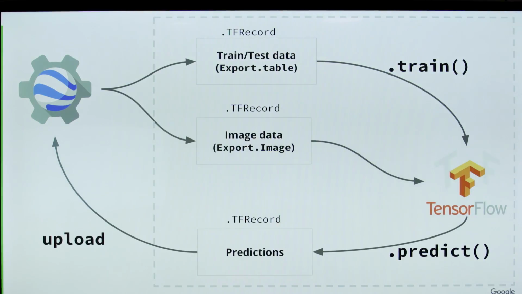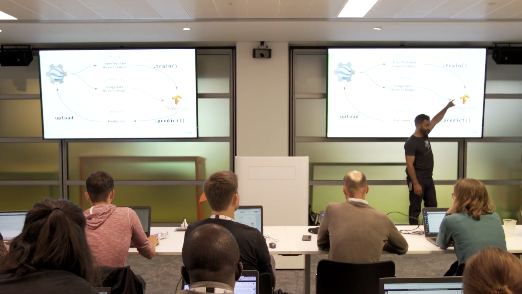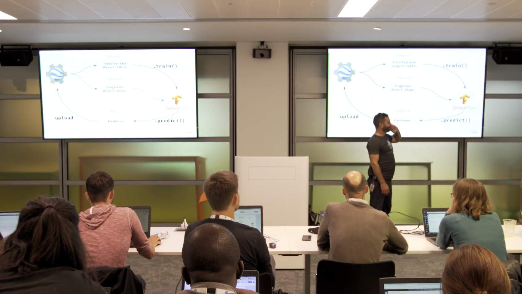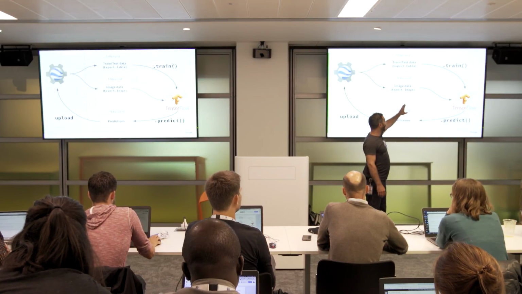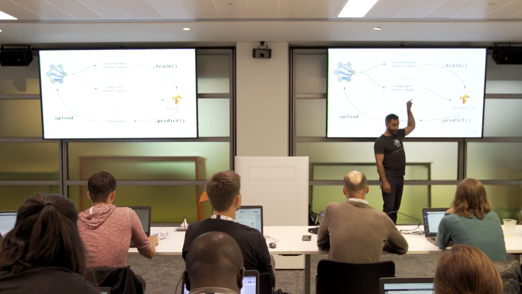We're going to use those tables to train and validate a model in TensorFlow, an estimator model, specifically a deep neural network, or DNN estimator, I think it's called. Yeah, a DNN thing. And at the same time, we're going to export some image data to TF record.